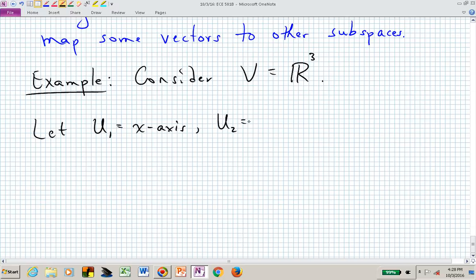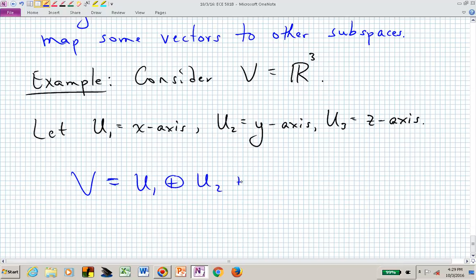U sub 2 is the y-axis, that's another subspace, and U sub 3 is the z-axis. And hopefully it's clear that U1 direct summed with U2 direct summed with U sub 3 does in fact decompose the three-dimensional vector space V.